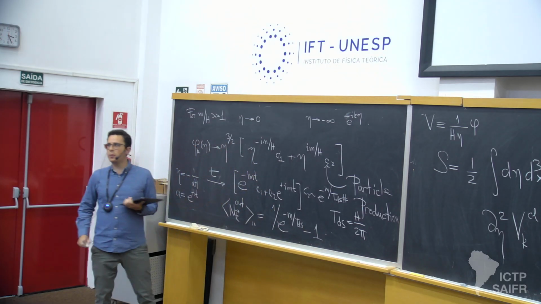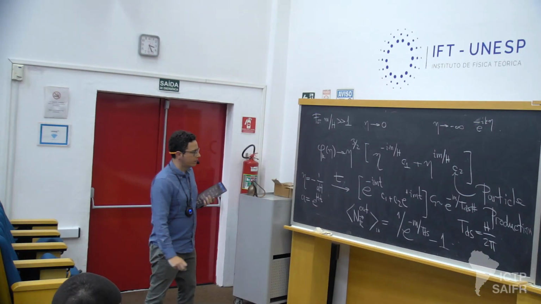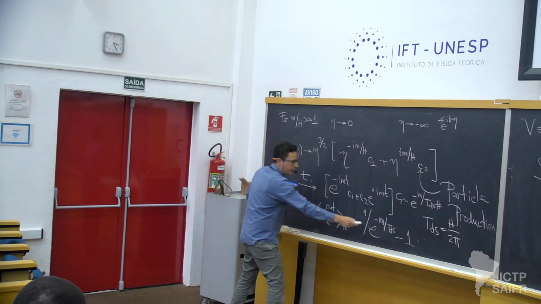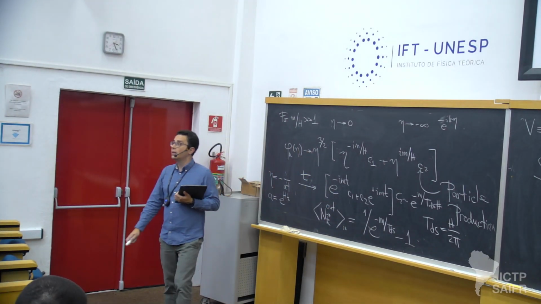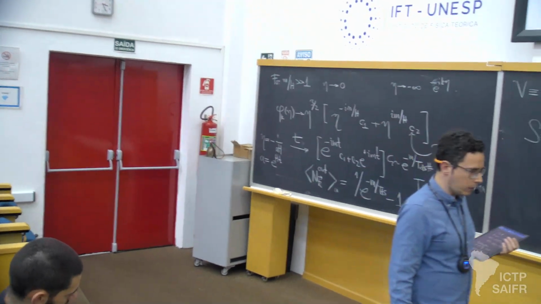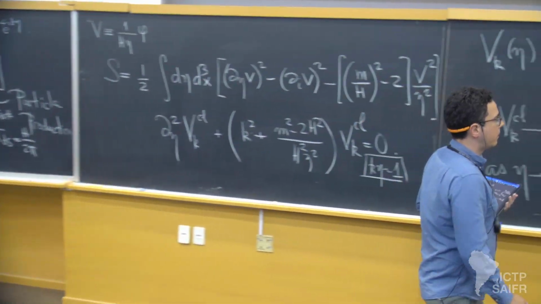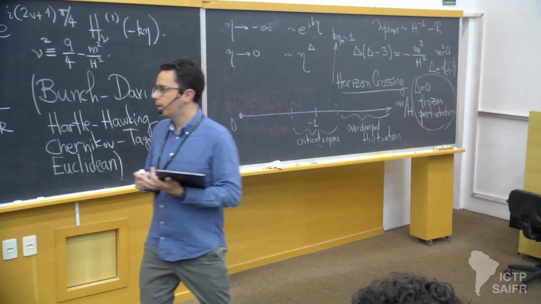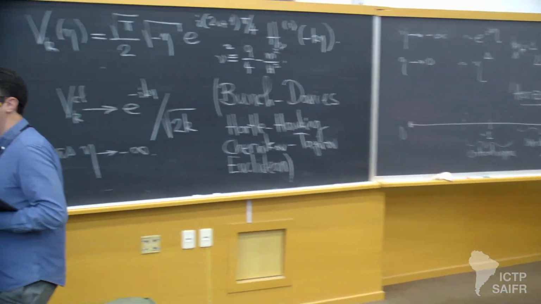This is very famous. It's the Bose distribution. But the energy of every wave number is just its rest mass. And they are all at the de Sitter temperature. Okay? Any questions about this?